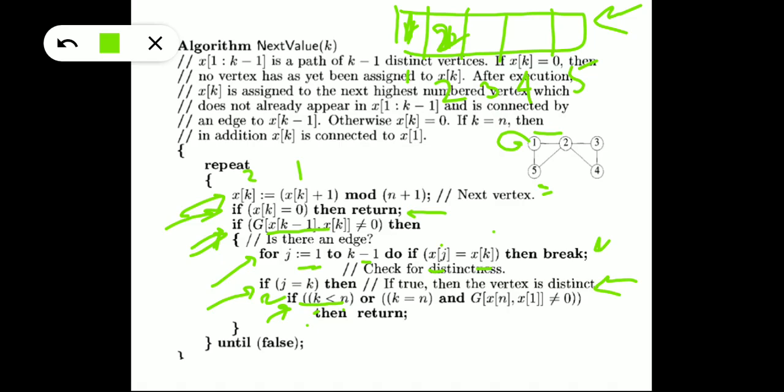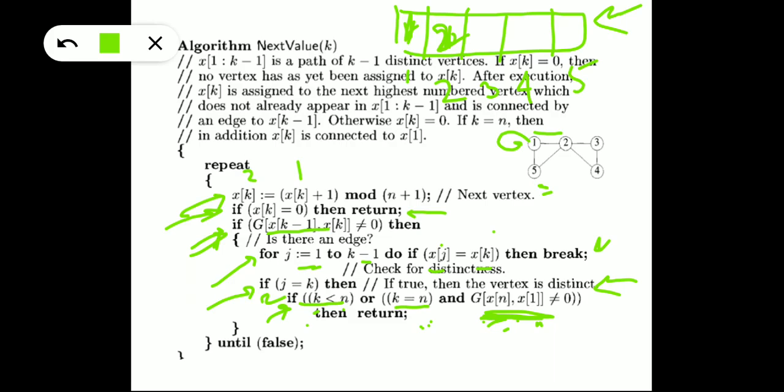Or the condition could be, if this condition is false, that is 2 is less than n is false, and let's say k is equal to n, that is the vertex that we have found tends to be the last vertex in the graph, then we also check to see in the adjacency matrix if we have an edge from x of n, the last vertex, to x of 1, the first vertex in the solution vector.